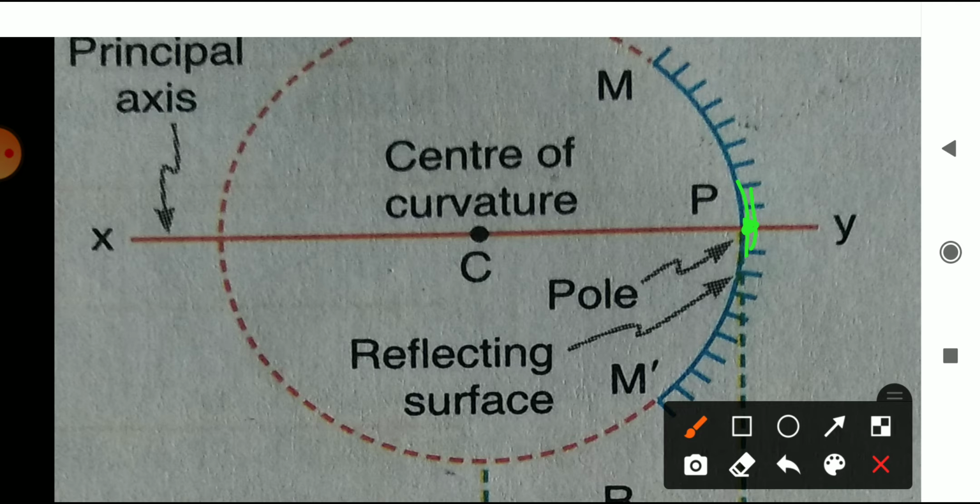C is the center of curvature. Reflecting surface area. Principal axis.